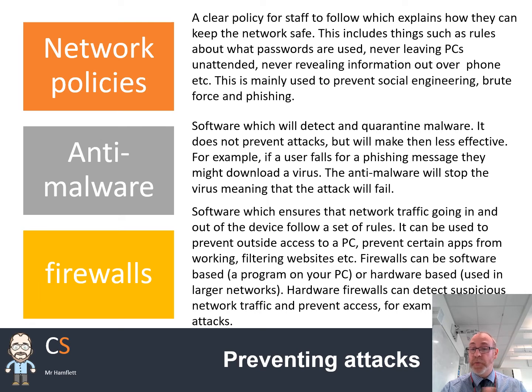It prevents them from going onto websites where they might download malware, so it also protects against viruses. It also will protect against brute force because the passwords are going to be more complex. So the policy will say you must have letters, numbers, a capital letter and a symbol. Because of that, it's going to be really hard to guess it.